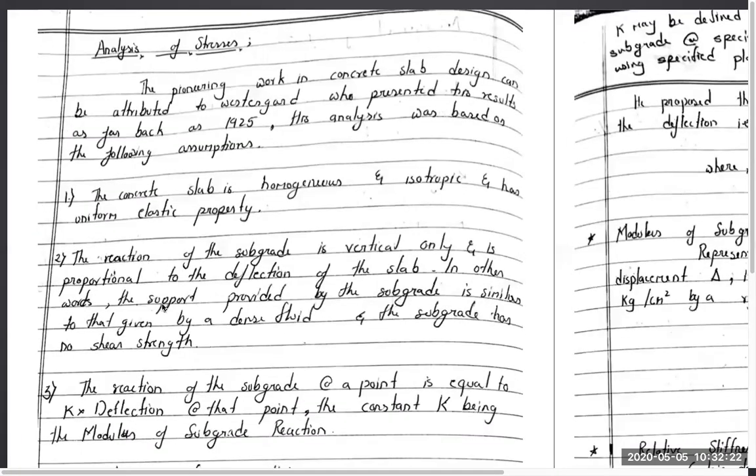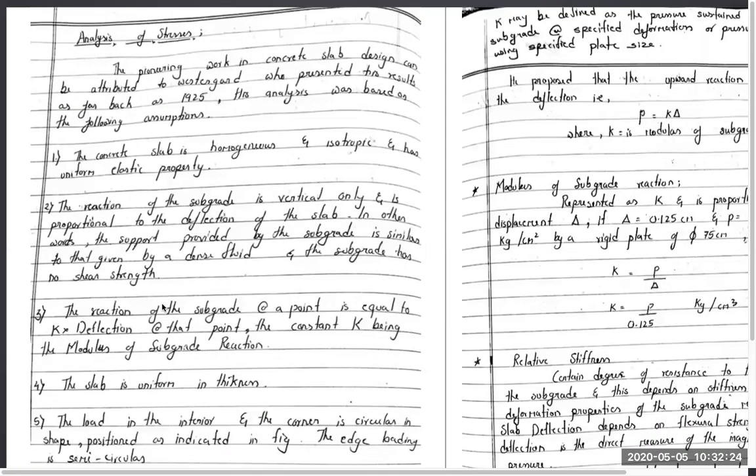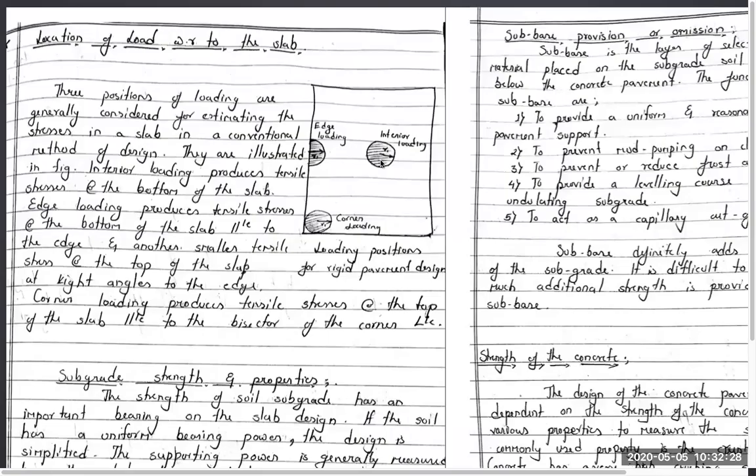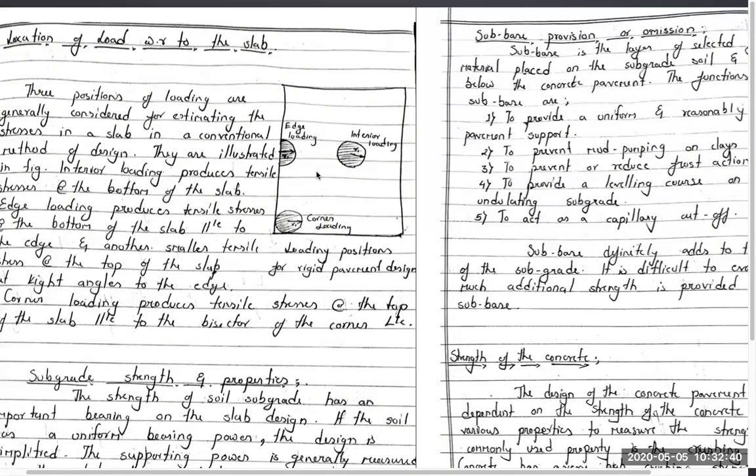Let me take you to that slide. You can see here the interior loading and corner loading are circular in shape, and edge loading he took it as semicircular. This was the fifth assumption he made.